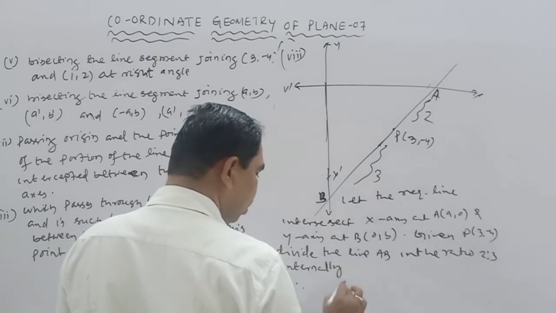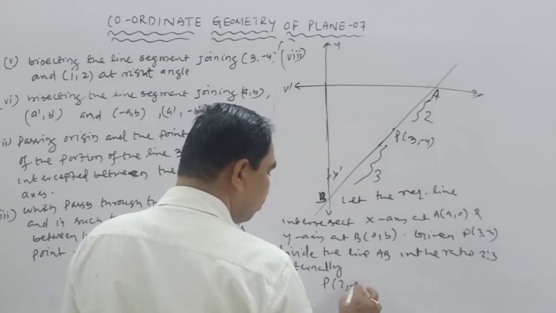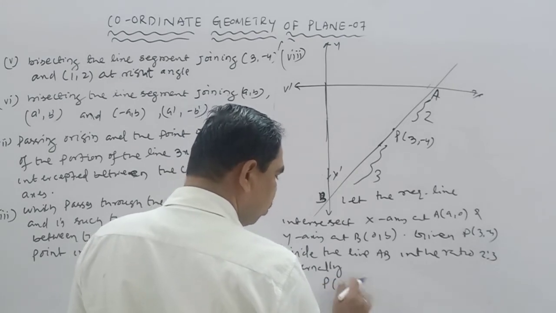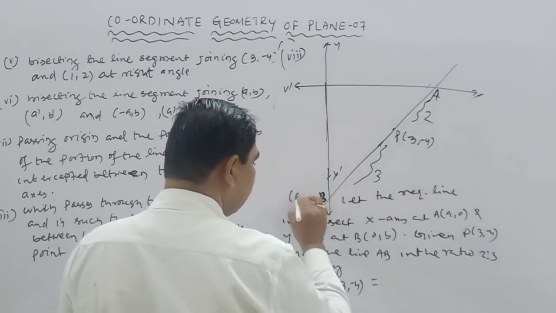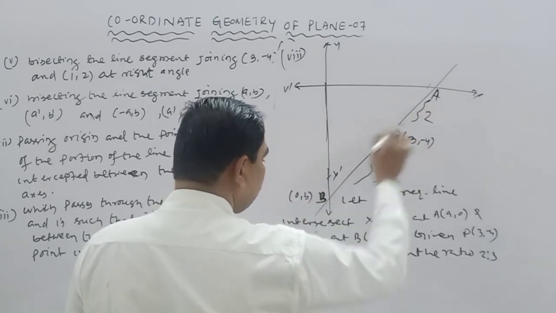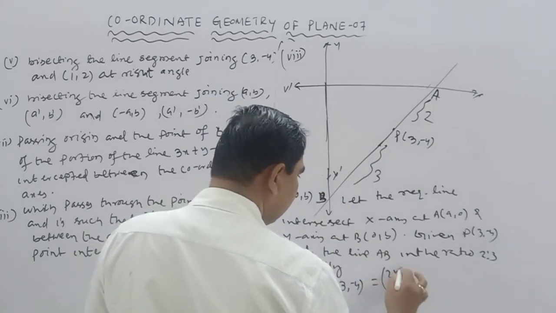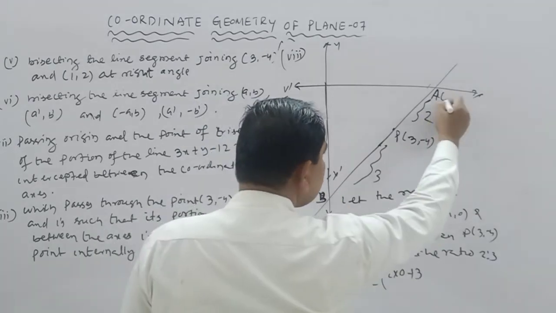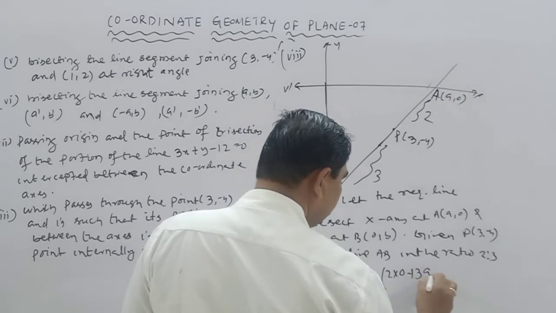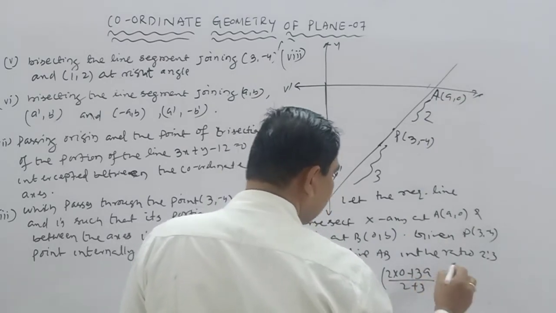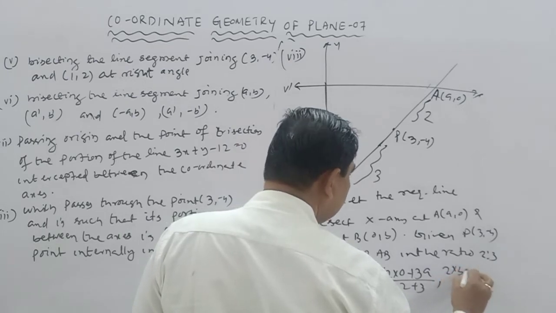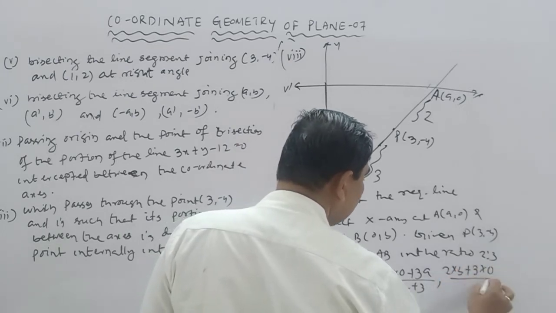Therefore P (3, -4) is equal to (2 times 0 plus 3 times a divided by 2 plus 3, 2 times b plus 3 times 0 divided by 2 plus 3).